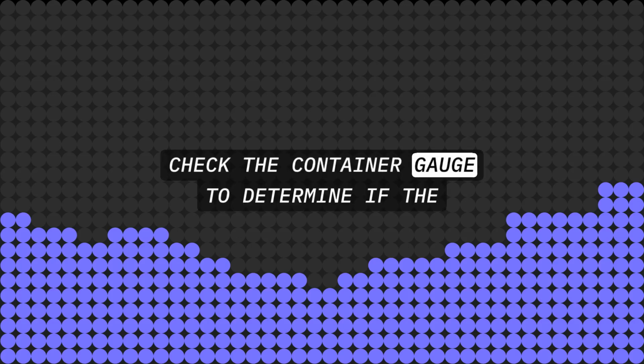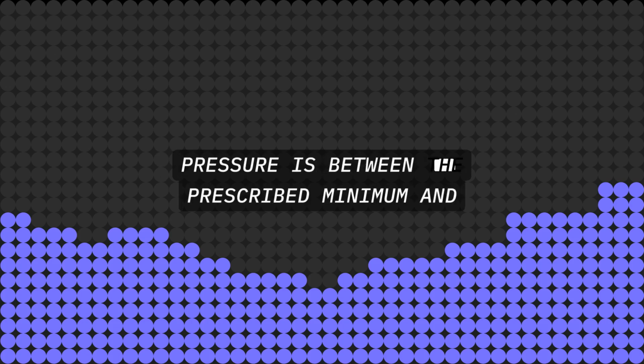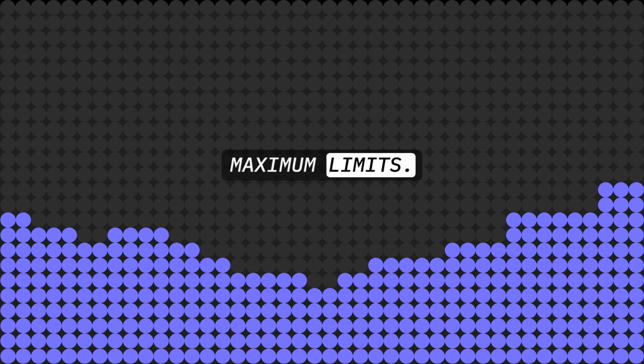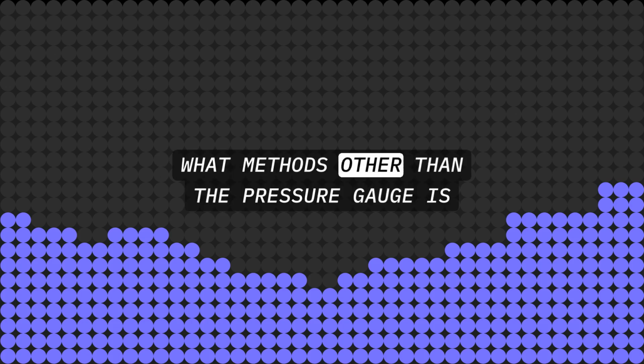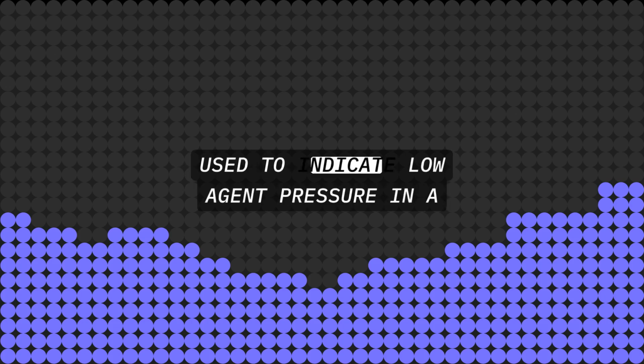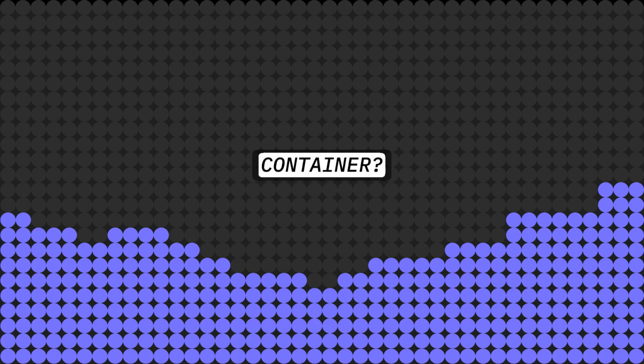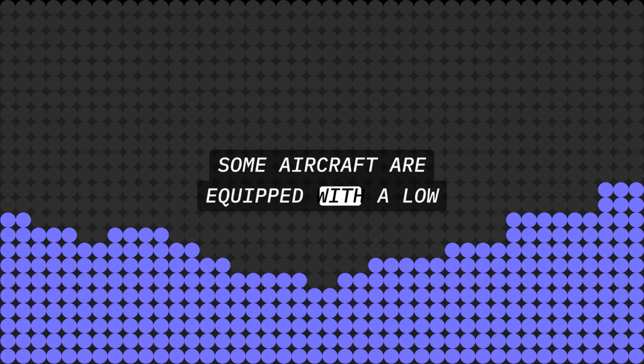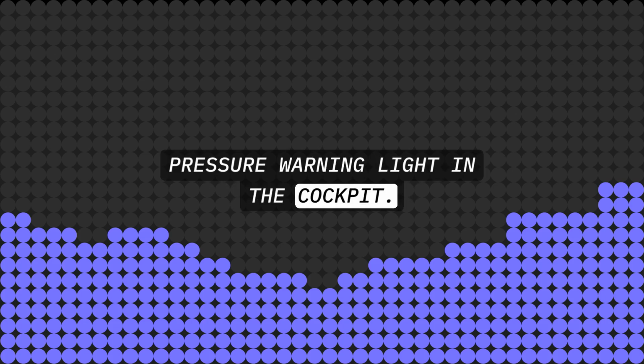Check the container gauge to determine if the pressure is between the prescribed minimum and maximum limits. What methods other than the pressure gauge are used to indicate low agent pressure in a container? Some aircraft are equipped with a low pressure warning light in the cockpit.